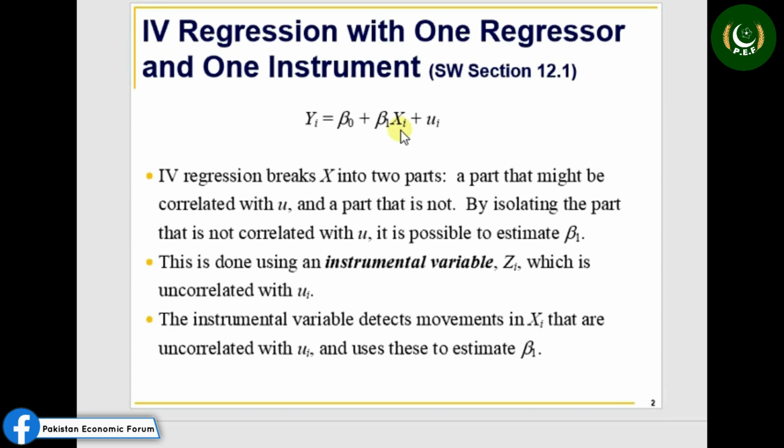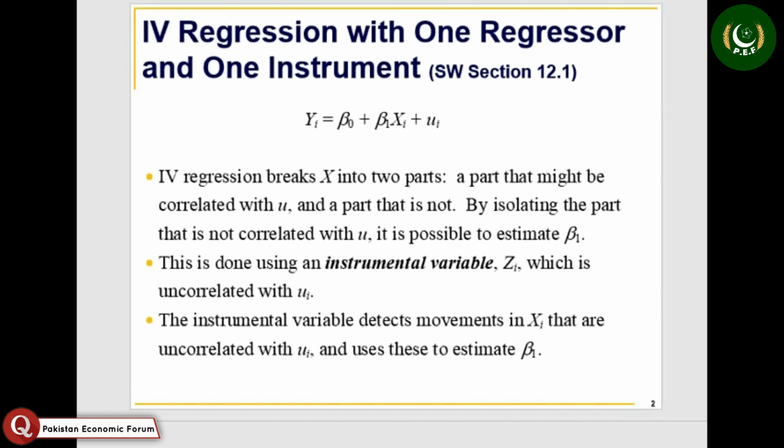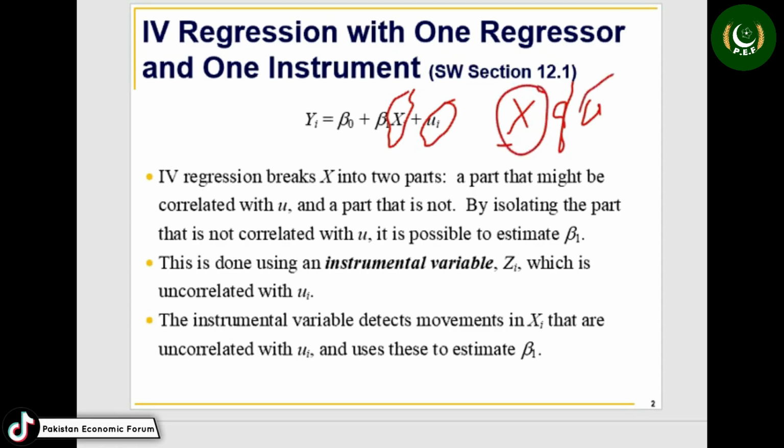We need to separate the part of X that is uncorrelated with U. Basically, X and U are correlated, but some part of X is uncorrelated. We need to find that part, and for that we need to find a proxy for X which is correlated with X but uncorrelated with U. If that variable satisfies this condition, then it is called an instrumental variable.